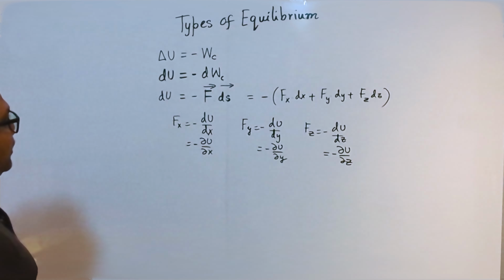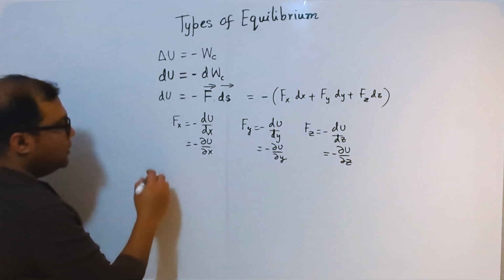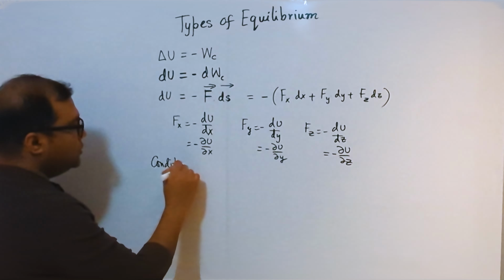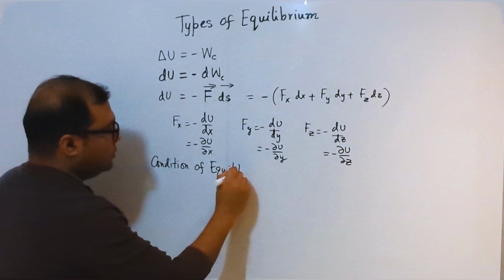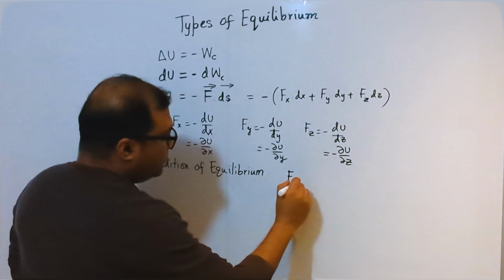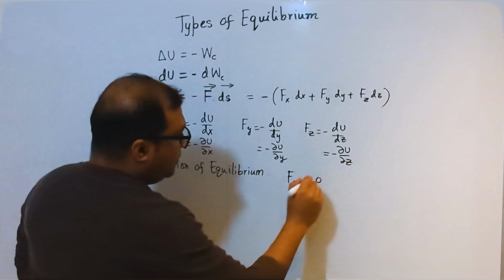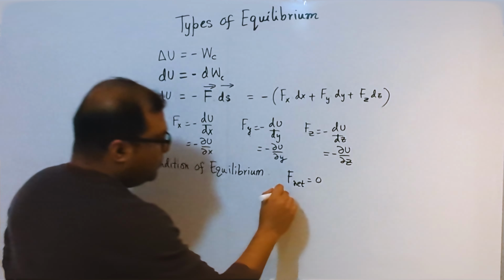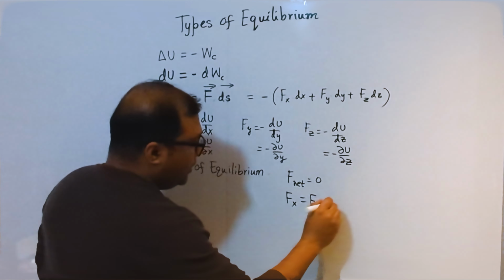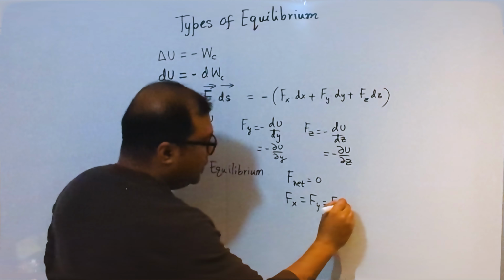So our condition of equilibrium is that F net is 0. If F net is 0, it means fx, fy, and fz all are 0.